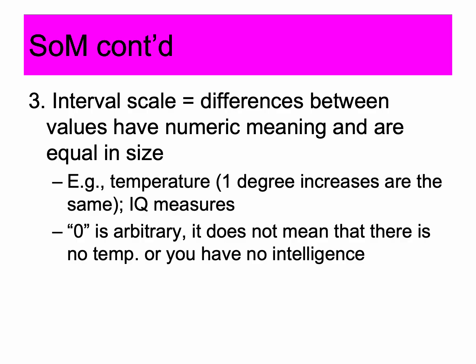It's the same amount. IQ measures are another example of this. But the key with interval scales is that 0 is arbitrary. It doesn't mean that there's a total lack of the variable that we're interested in. So if you say it's 0 degrees outside, doesn't mean that there's no temperature outside. If you say someone has scored a 0 on an intelligence scale, it doesn't mean that they have no intelligence at all.